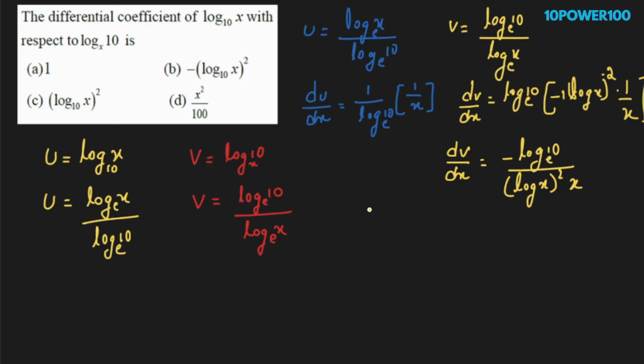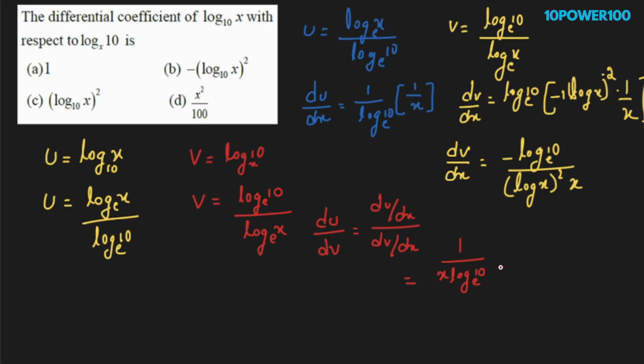Okay, now if we find du by dv, that is du by dx by dv by dx. We get du by dx is nothing but 1 by log 10 the base e into 1 by x.